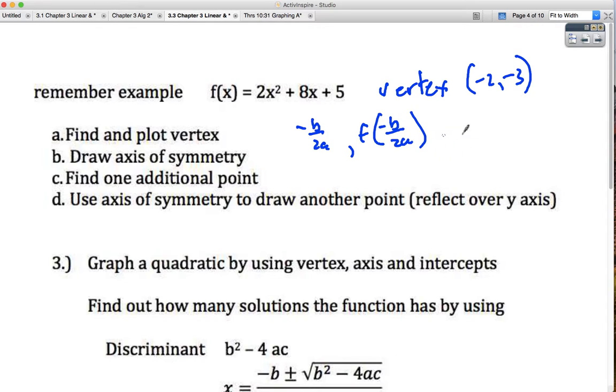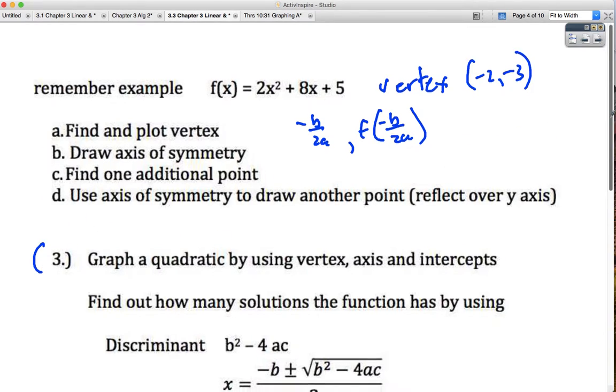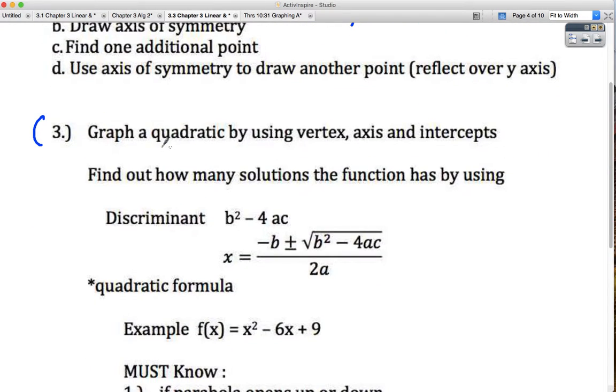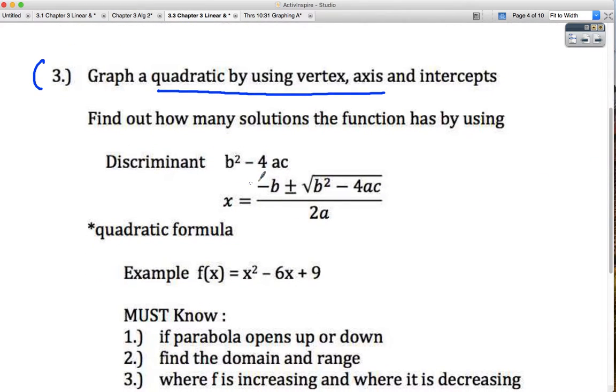Okay, so that's what we're going to set up here and do in 3, but I'm going to talk about some additional items here, especially when we look at the quadratic formula. If you recall, the quadratic formula looks like this.